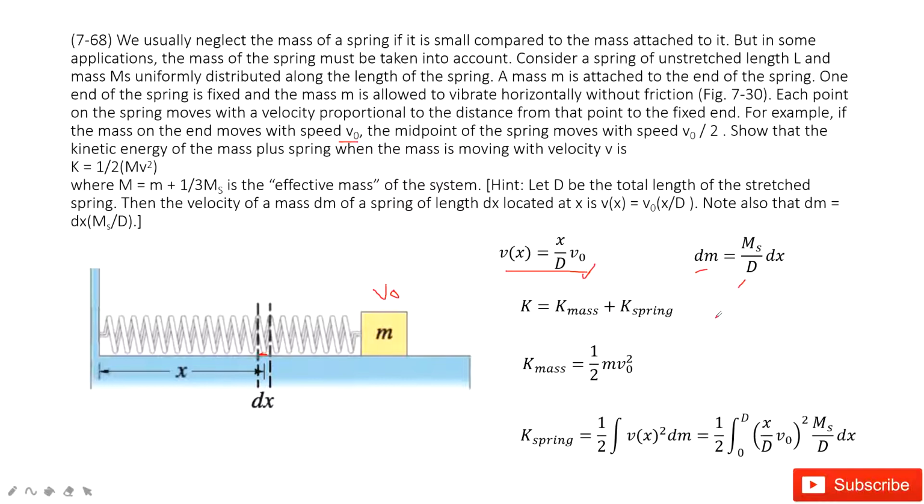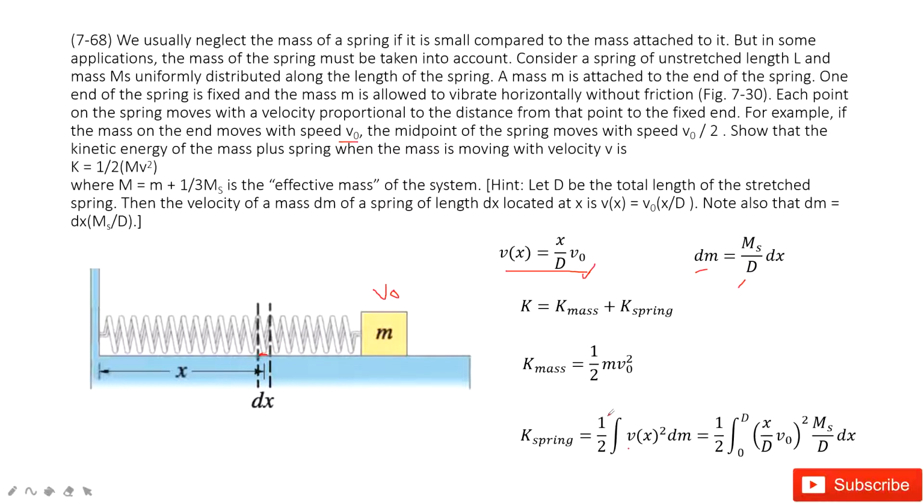Then it's very easy. Now we need to find the kinetic energy for this spring. It is still 1/2 m times the velocity v squared, where the v is vx, and the mass for this small fraction is dm, do you agree? This is the kinetic energy for this small fraction.